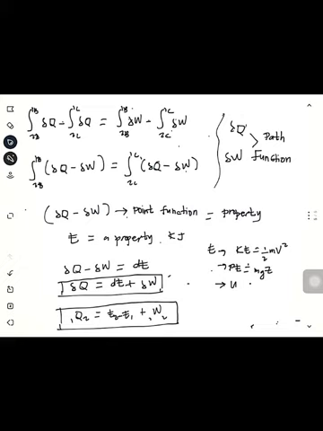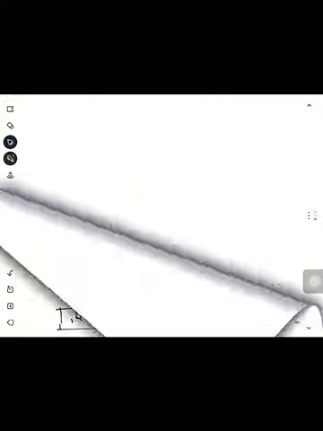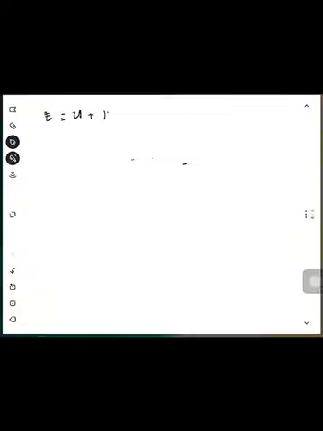Okay, so therefore we can write the energy as the sum of U plus the kinetic energy plus the potential energy.